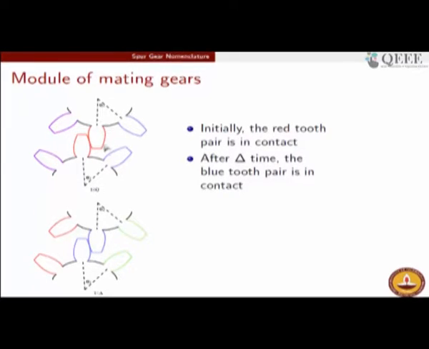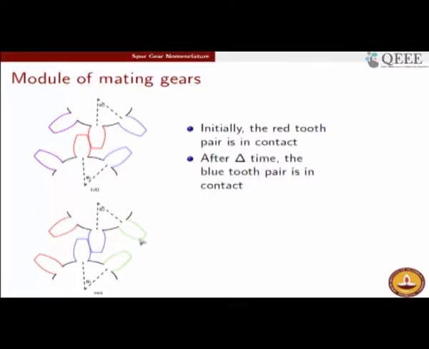This tooth has come here, this tooth has come here, this blue tooth has now taken the position of this red tooth. So, basically what has happened between these two time instants is that this blue tooth has taken the position of this red tooth, which is what you see in this diagram, and this blue tooth has taken the position of this red tooth, right.